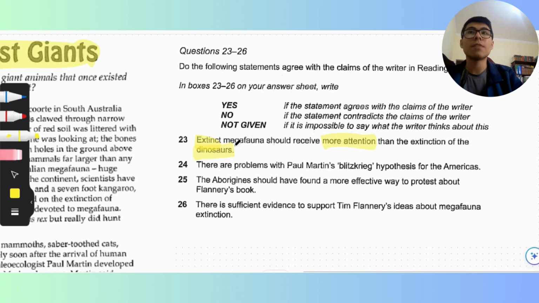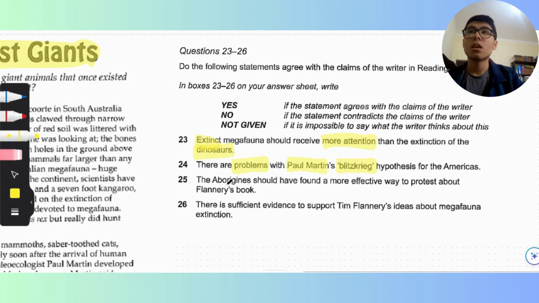Megafauna is also an unchangeable keyword. There are problems with Paul Martin's Blitzkrieg hypothesis for the Americas. Blitzkrieg is also an unchangeable keyword, so it's going to be easy to find the location of that question. Paul Martin is also an unchangeable keyword.